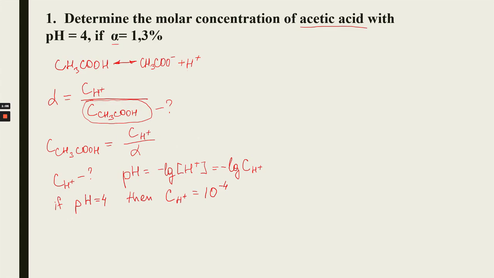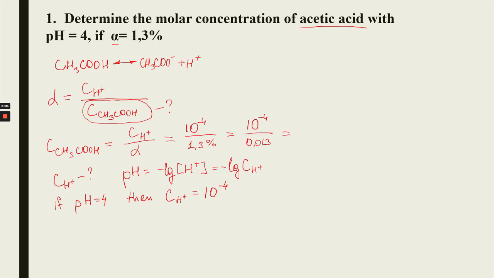So I will write here, we put numbers here, above I put 10 power minus 4, below I will put alpha, which is 1.3%, but to make it more correctly, we will not use percent, we'll use number 0.013.